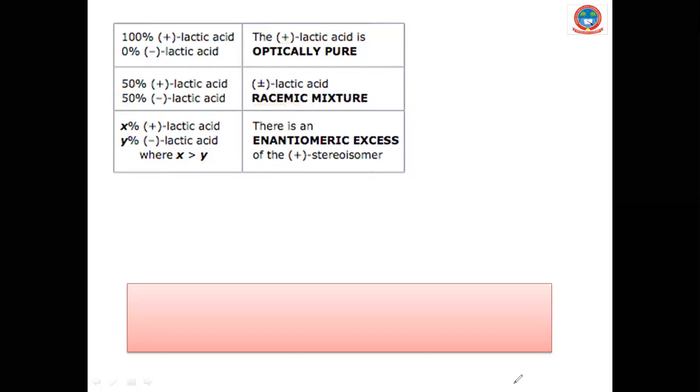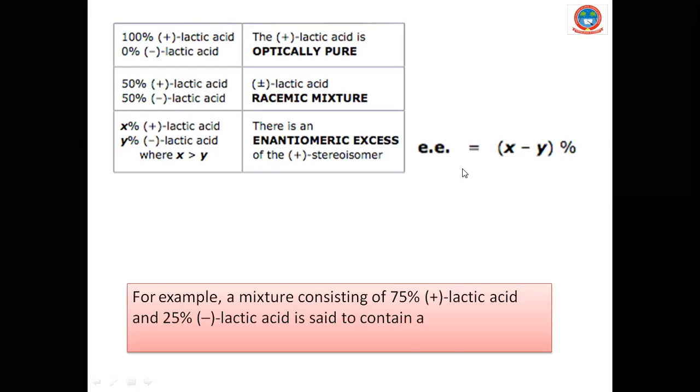Now, how to find out the racemic mixture or enantiomeric excess from the given mixture. So it is x minus y, but consider x should be in the more quantity.